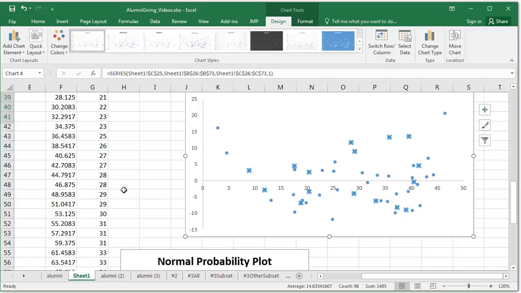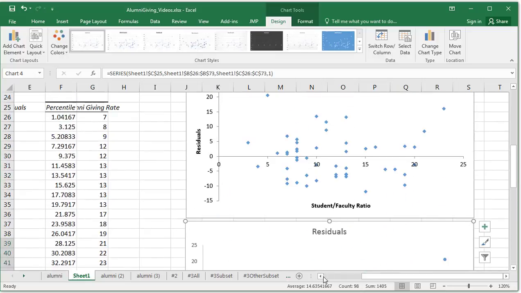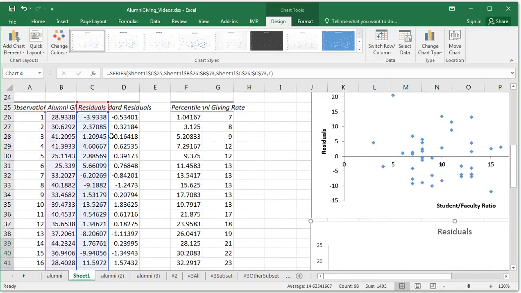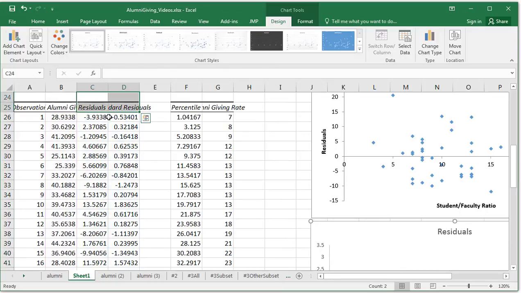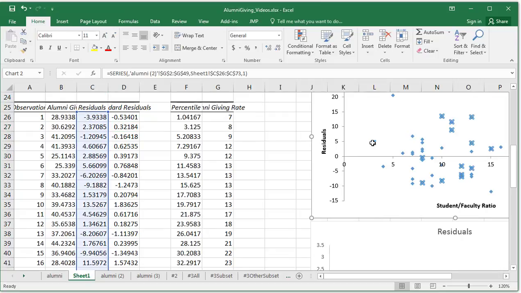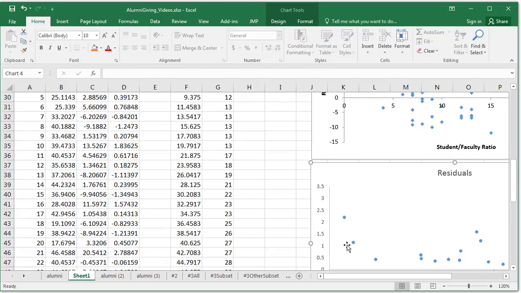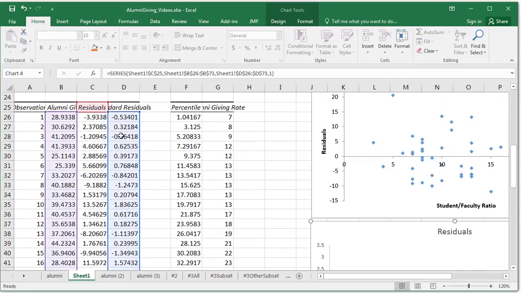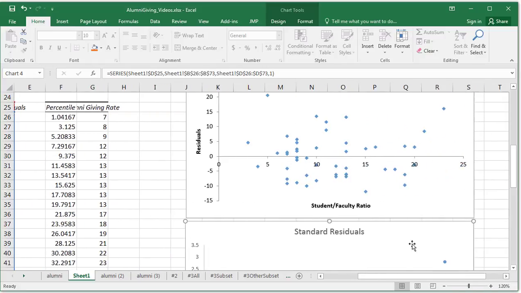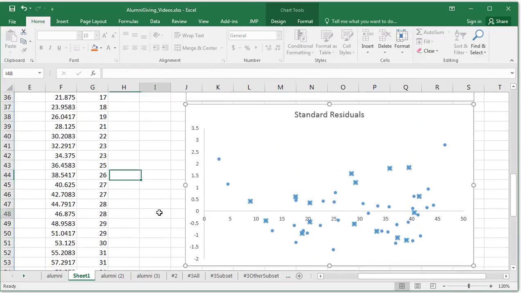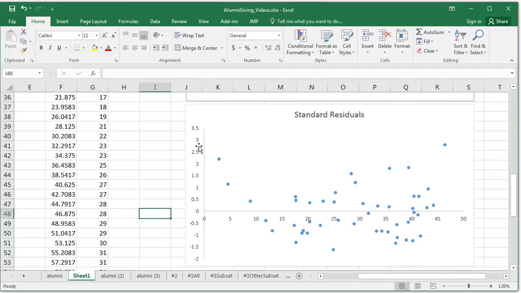I can select this, and go over and say, it's this one. So I can just move it to standardized residuals. Not that one, this one. And I can move the title also. So now it's based on the standardized residual rather than just the residuals.